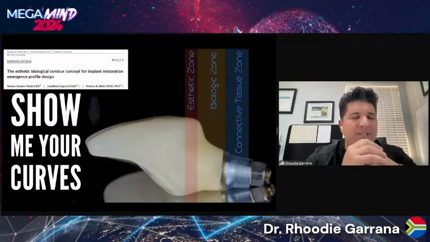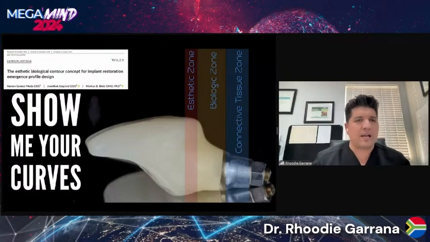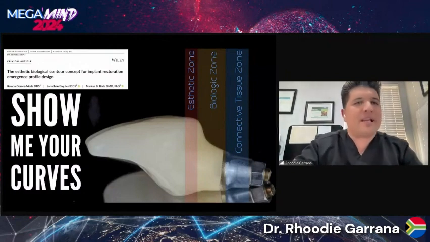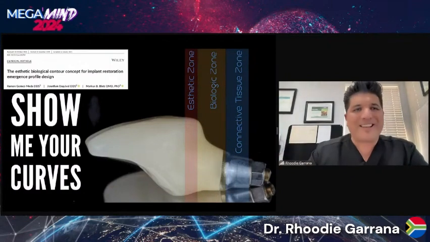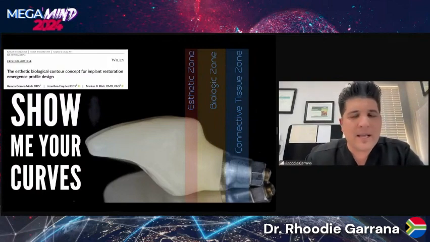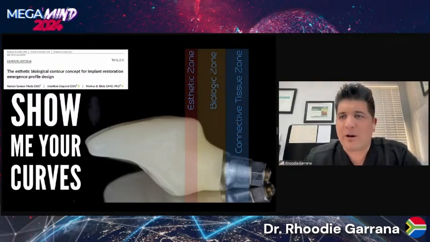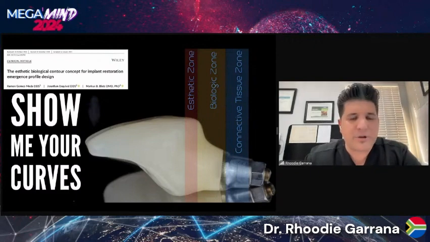At this point, it's important to look at the work done by Ramon Gomez Meda and his team, looking at what they call the aesthetic biological contour of a tooth, where we have the aesthetic zone, the biologic zone, and connective tissue zone.